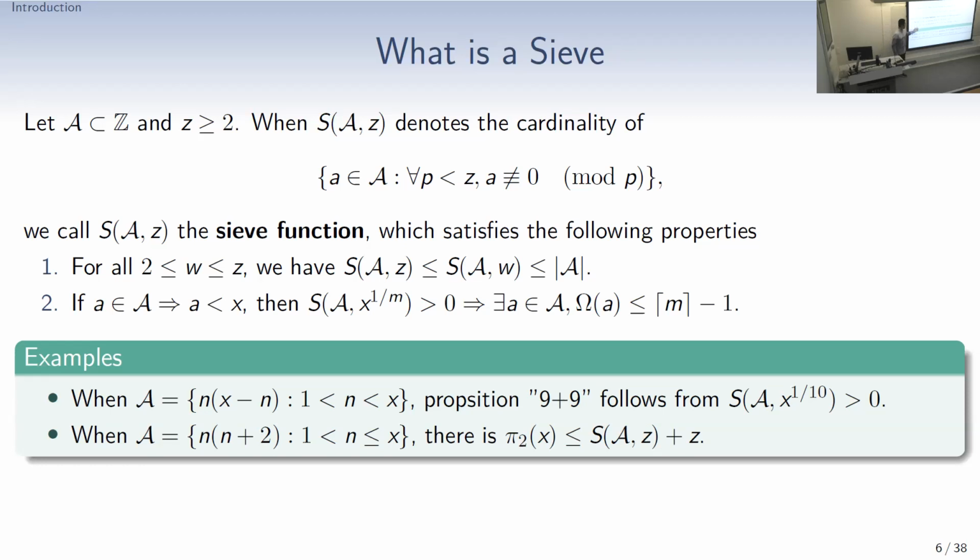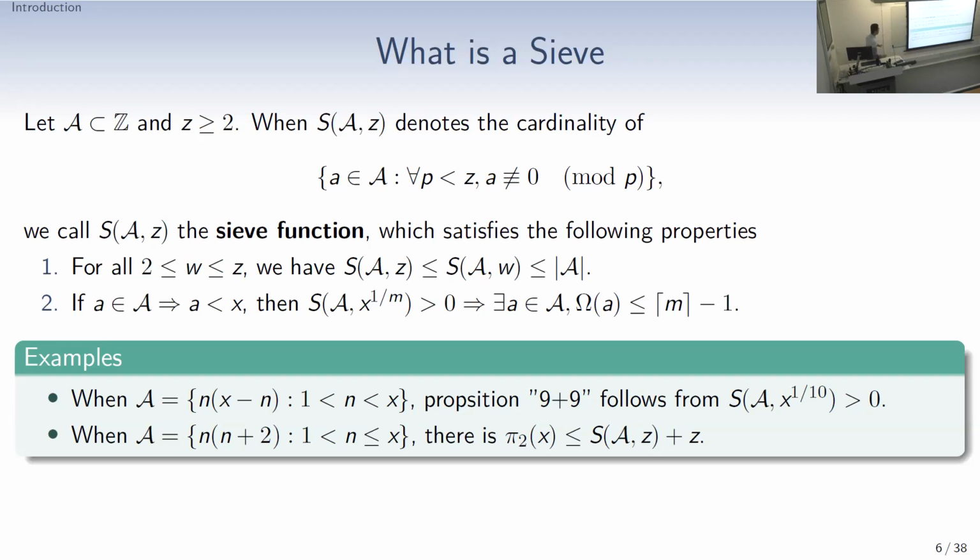Suppose all the elements of the set are less than x, then we can make z a certain power of x to ensure that the number of prime factors in each of the elements of the set A is bounded by a certain controllable quantity. And this is why sieves are important in the study, because if we can bring the right-hand side down to 1, we can produce prime numbers.